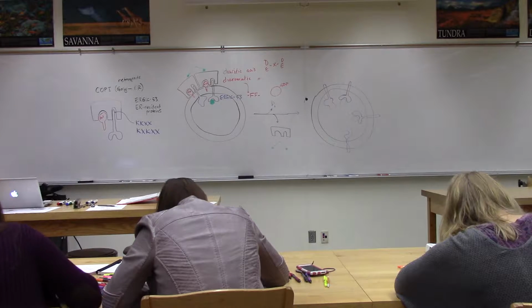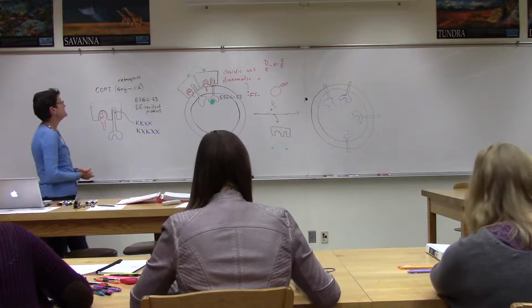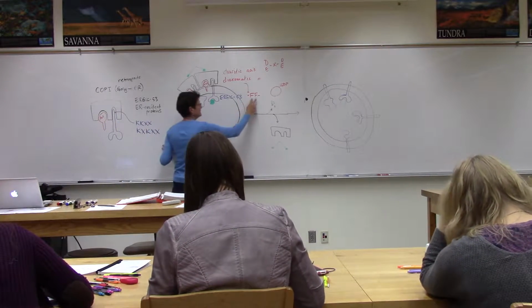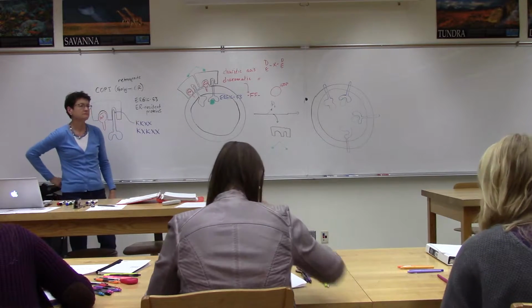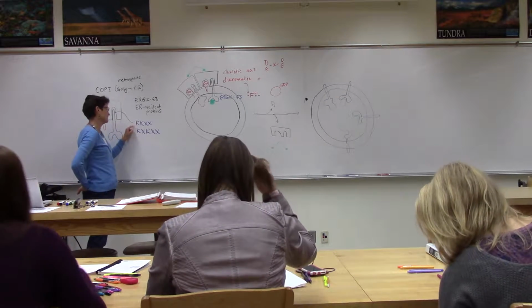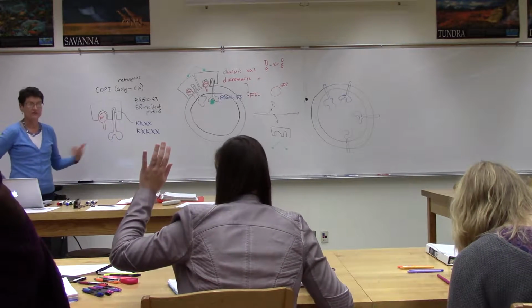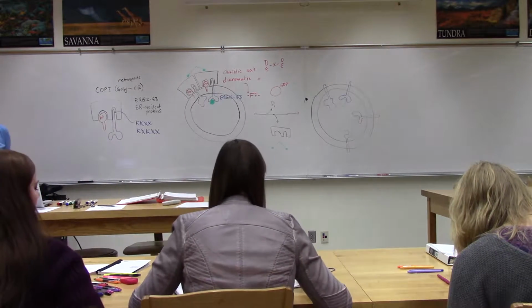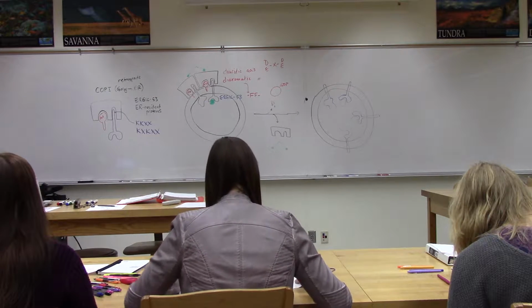So does ERGIC 53 have both KKXX and the other? Yeah, it has the diphenylalanine motif, and it has one of these. Just one of those? Yeah, not both. It either has this or that, or something similar enough to be recognized as this or that. So then COP1 would have backward movement, whereas COP2 is forward movement. Exactly.